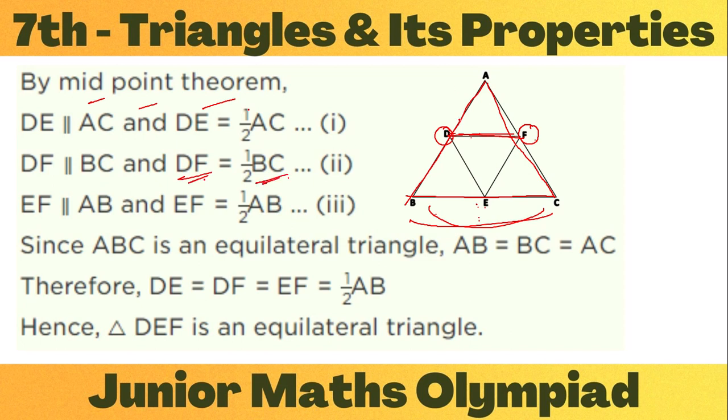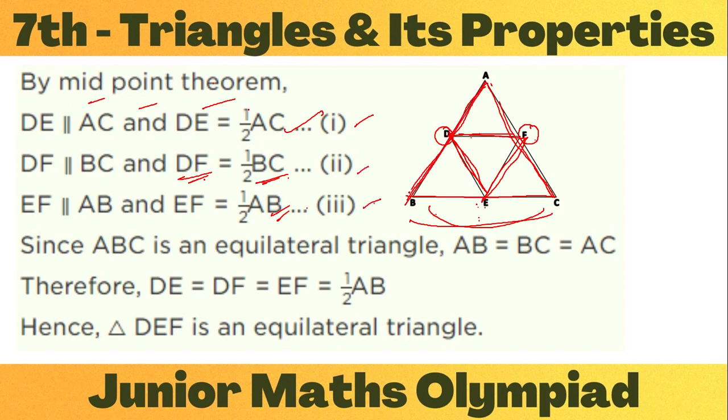In the same way, this DE part we can take half of AC. In the same way, EF part we can take half of AB. So by midpoint theorem we will get these three conclusions.